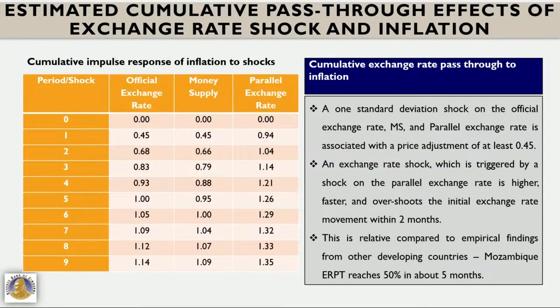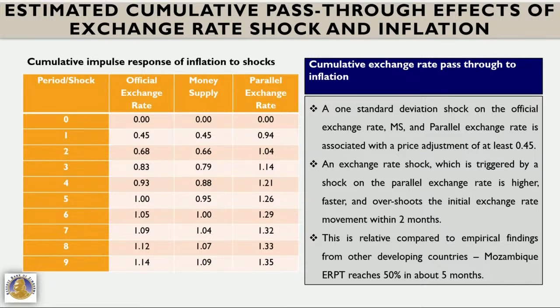This is more like a variance decomposition to look at the specific figures in terms of the response of inflation to shocks. What it is basically showing is that in the first period, a shock on the official exchange rate, or a one standard deviation shock, results in 0.5% movement in inflation, which is more or less the same with money supply.